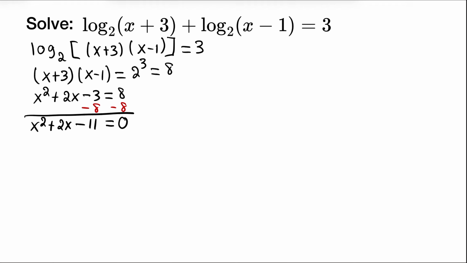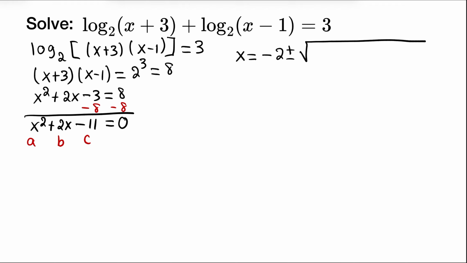All right, and so now we're going to use the quadratic formula. And we see here that a is 1, b is positive 2, and c is negative 11. Okay, so now let's go ahead and write our quadratic formula up here. So we have x equals negative 2 plus or minus, and let's fill in our values here.